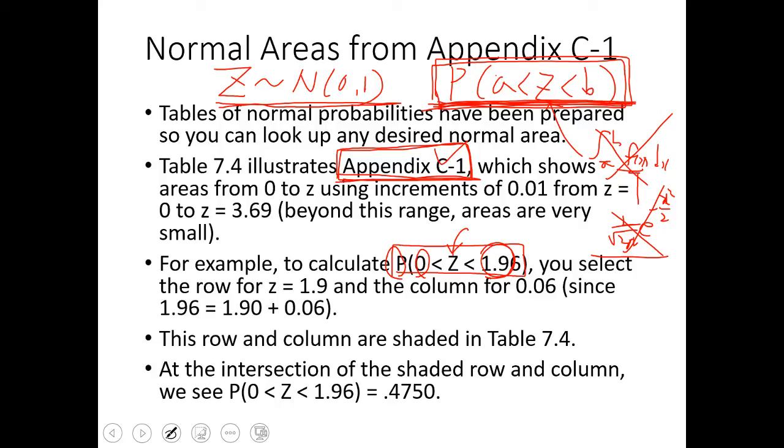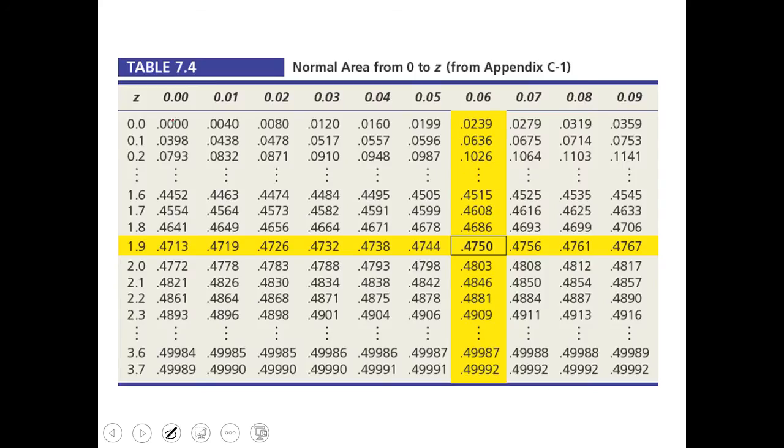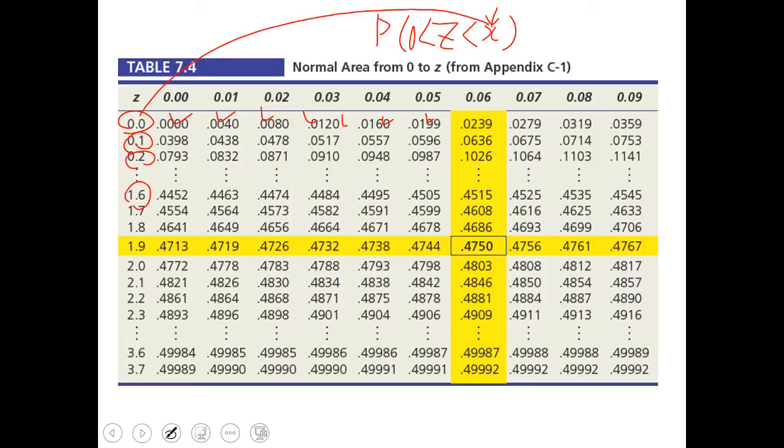So the probability that z is between 0 and some x is written in the table. So here, these numbers are all the probabilities that z is between 0 and some number. And this number is here.